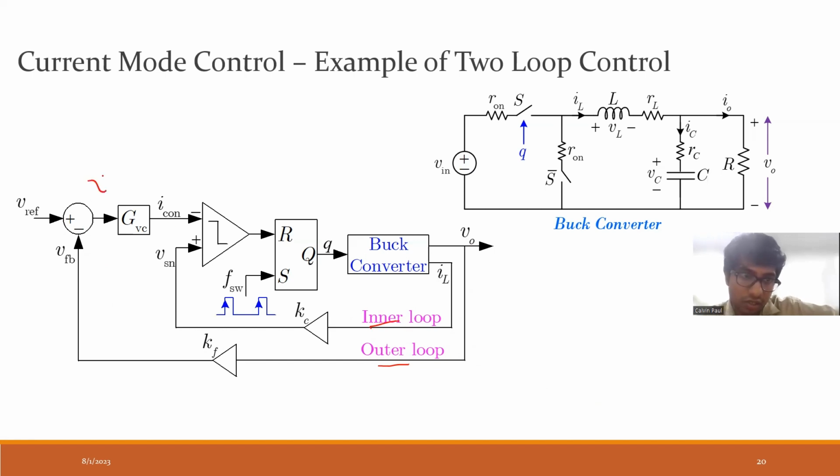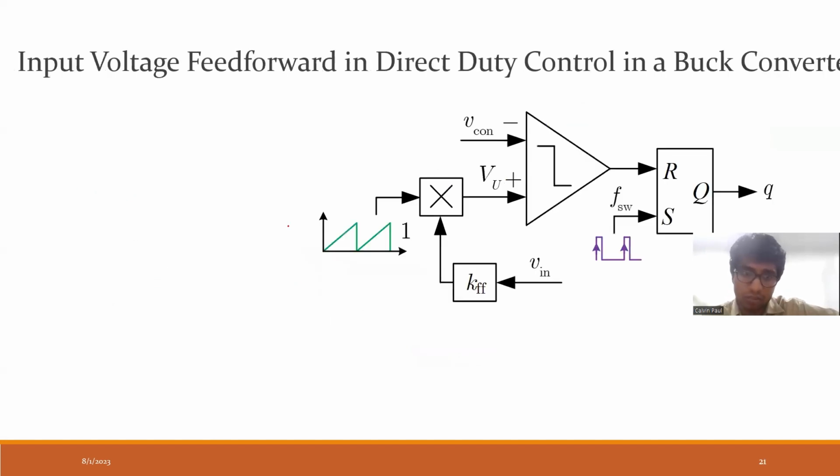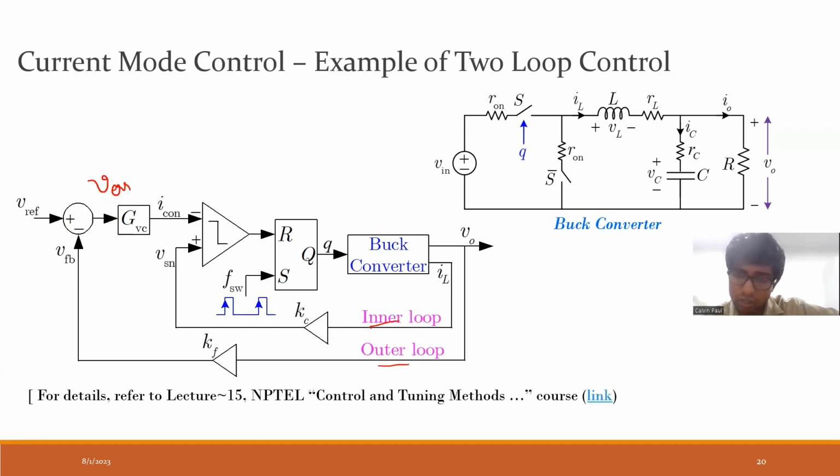It generates an error, V error, that passes through this controller, and it generates an icon. This icon is compared with the sensed value of the inductor current, and further uses reset and set pulse. We will look into this operation further.